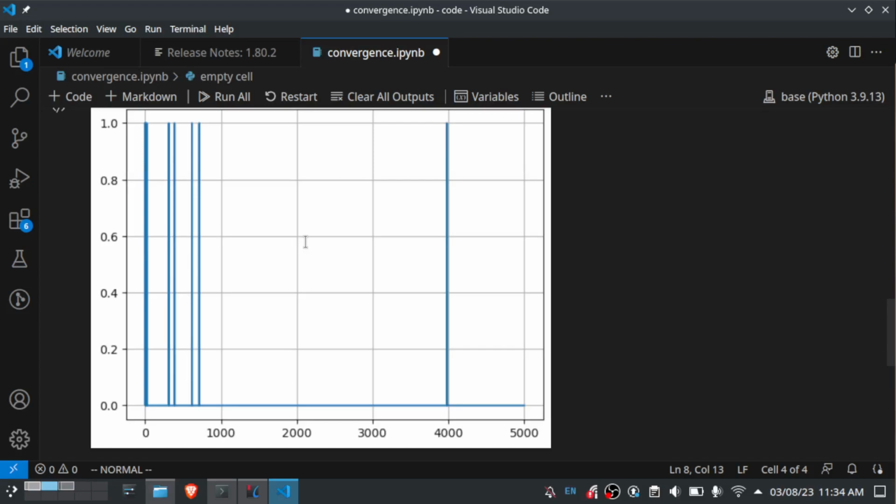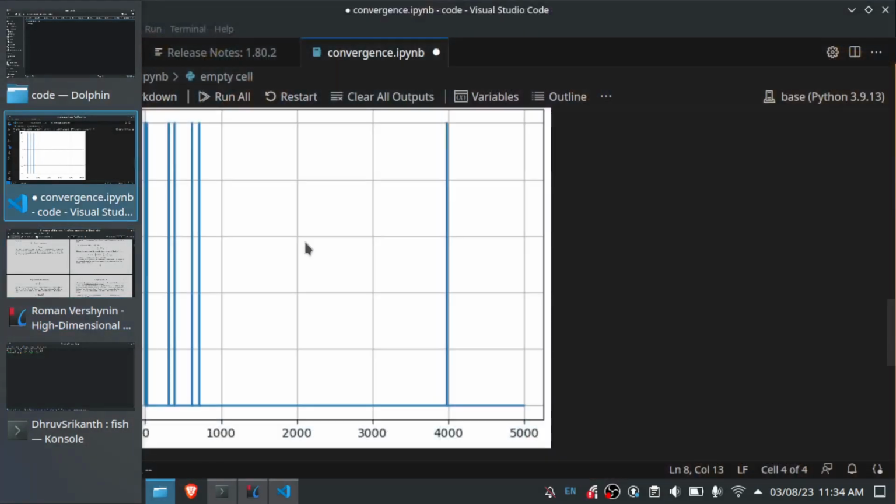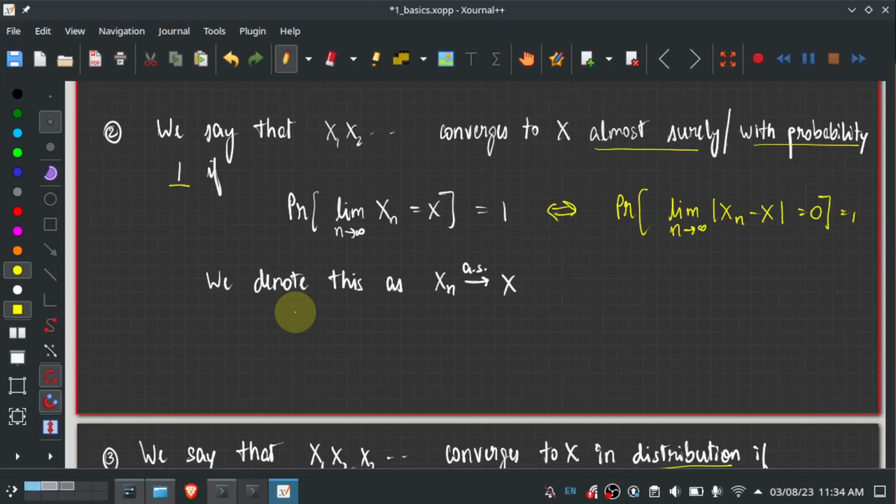Even though the probability of seeing a 1 for every n becomes smaller and smaller, you can't guarantee that beyond a certain point you will never see a 1. In fact, you will see a 1 with probability 1. So let us try to calculate what is the probability that you will never see a 1.